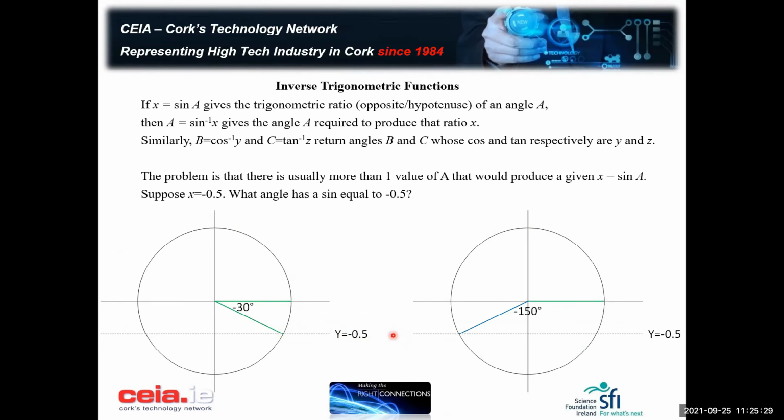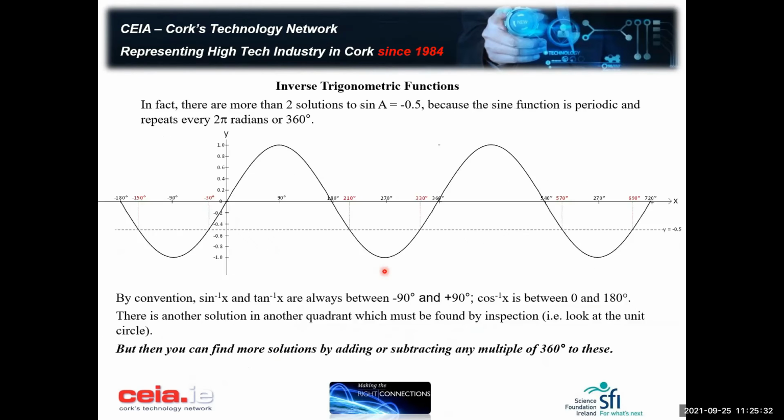We can illustrate that by looking at a plot of the sine function. It's periodic and repeats every 360 degrees, as Ed showed before. So the angles that we had before, minus 150 degrees, had a sine of minus 0.5, and minus 30 degrees also had a sine of minus 0.5. But if we carry on another 360 degrees to the angle 210 degrees, which is 360 more than minus 150, we get back to a point where the sine is minus 0.5 again.